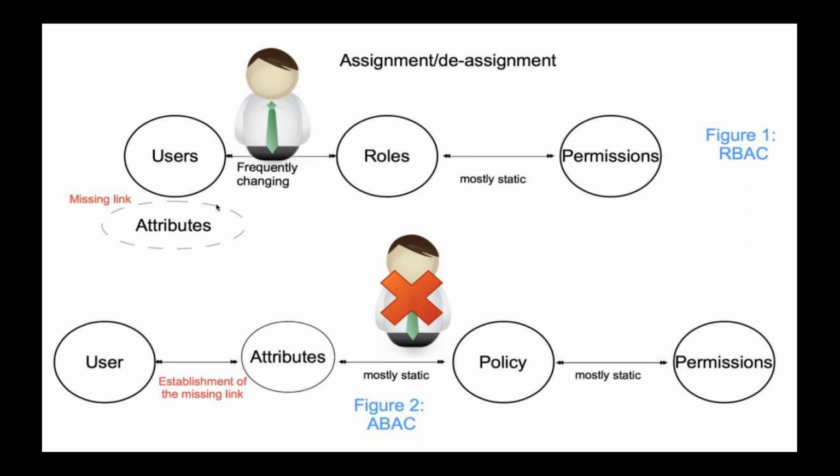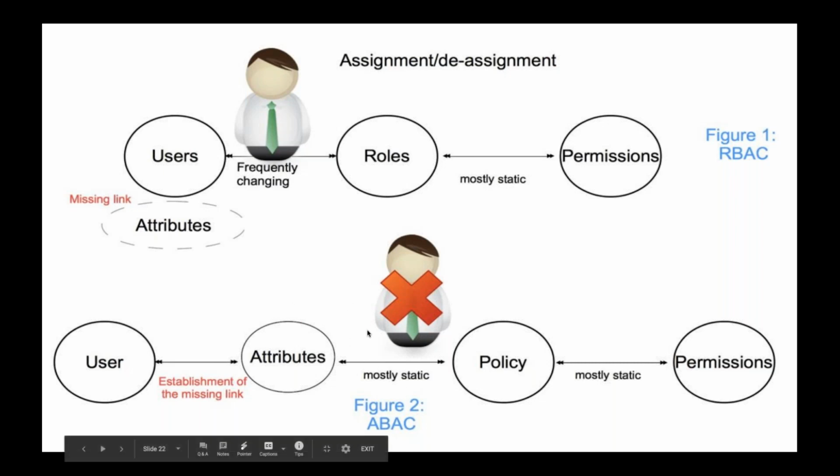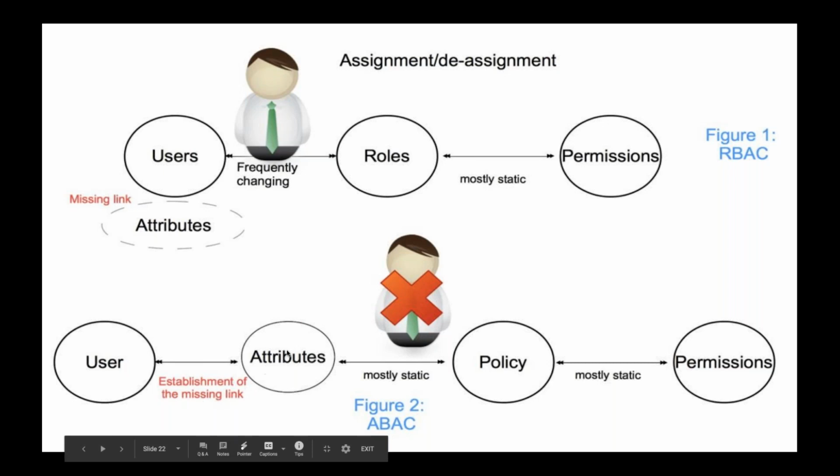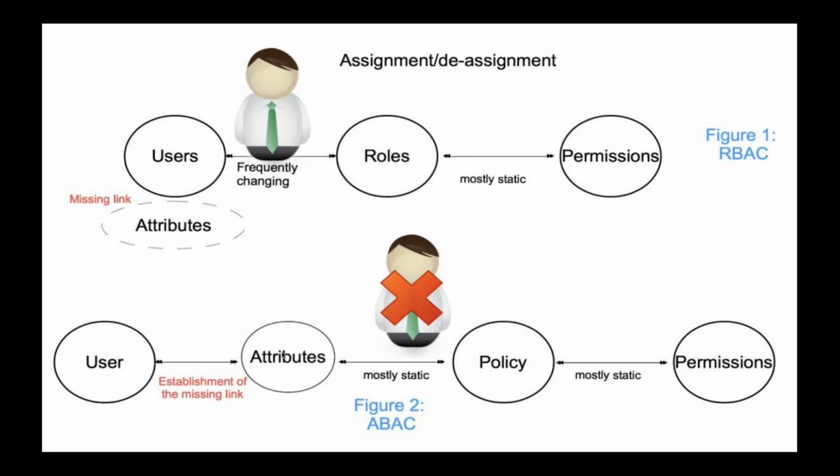And why is this happening? Because we are assigning users to roles, and we are not actually looking at the attributes of the users and some other pieces of information to make the decision. And that's where the ABAC part of our session comes in. Instead of looking at just the subject and the roles assigned to that subject, let us look at some more pieces of information, and we're calling them attributes.